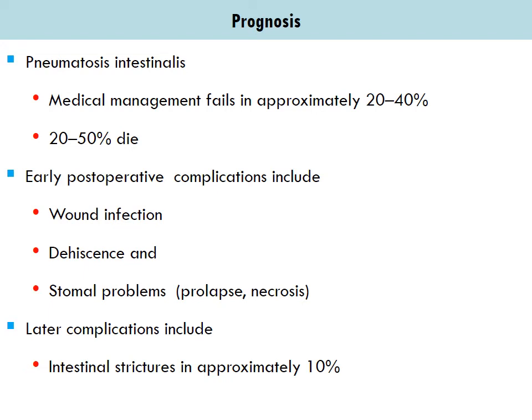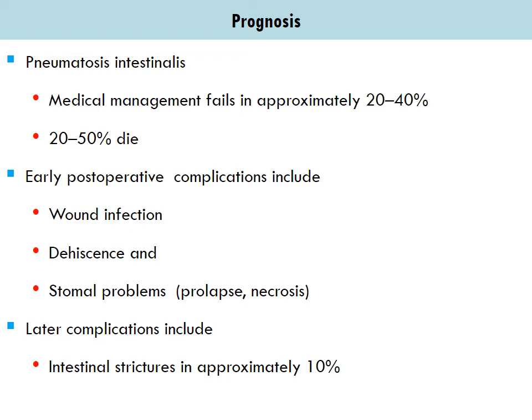Prognosis: medical management fails in approximately 20 to 40% of patients with pneumatosis intestinalis at diagnosis. Of these, 20 to 50% die early. Postoperative complications include wound infection, dehiscence, and stomal problems such as prolapse and necrosis. Later complications include intestinal strictures, which occur in approximately 10% of surgically or medically managed patients.